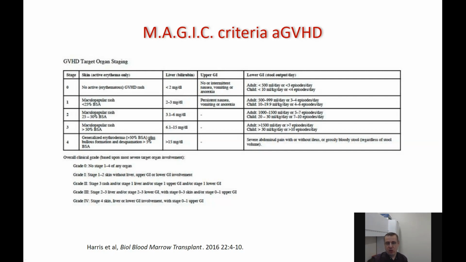Now, the purpose of the MAGIC Consortium is to investigate biomarkers potentially predictive in acute GVHD, but also to help incorporate these biomarkers into clinical trials.